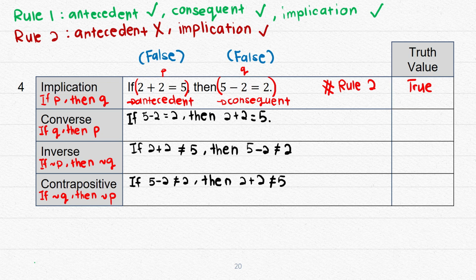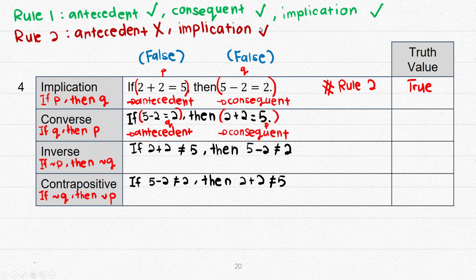Now for the converse, 5 minus 2 is Q. Now Q will become the antecedent, and P will become the consequent.